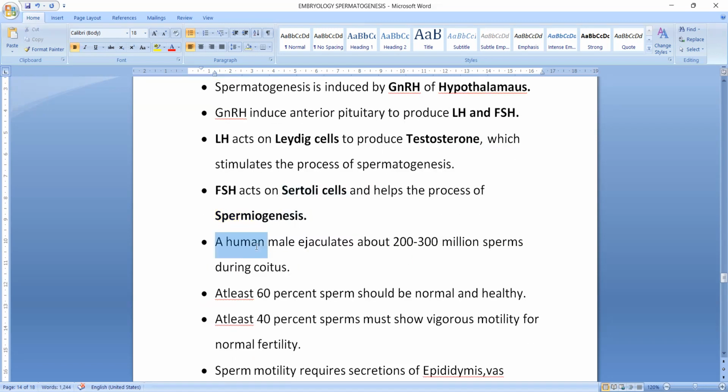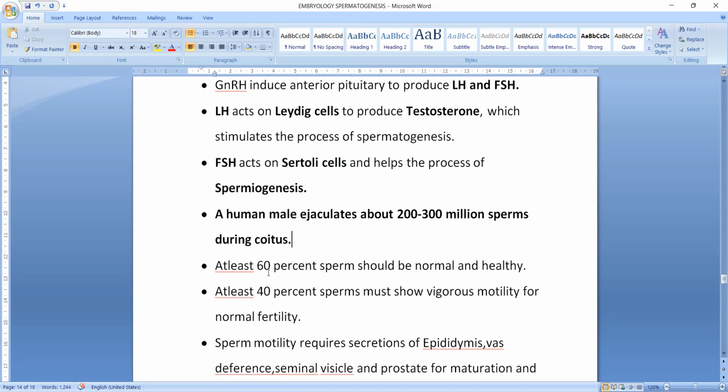A human male ejaculates about 200 to 300 million sperms during copulation or coitus, intercourse.